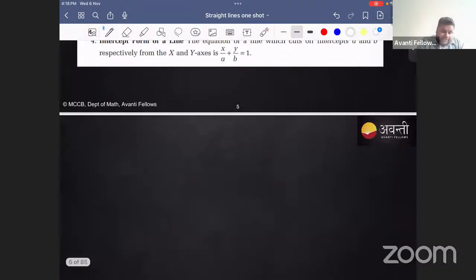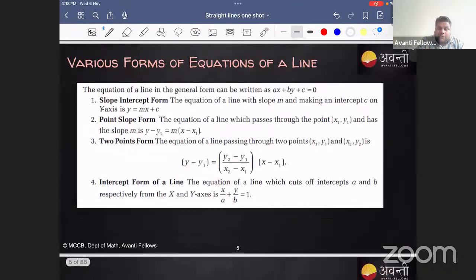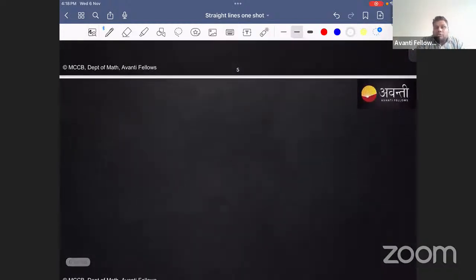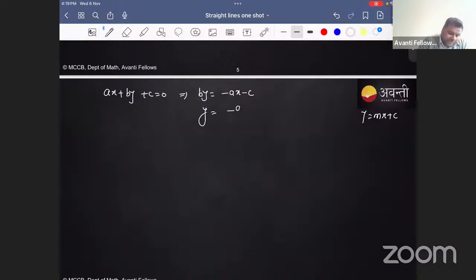At any stage, if you see a line in this particular form and you want to find the slope of that line, we will write that equation in the form y equals mx plus c. So by equals minus ax minus c, so it is y equals minus a by b into x minus c upon b. Got it?